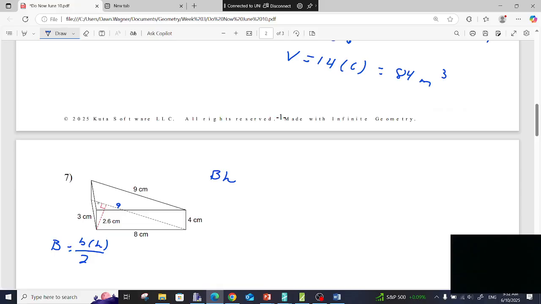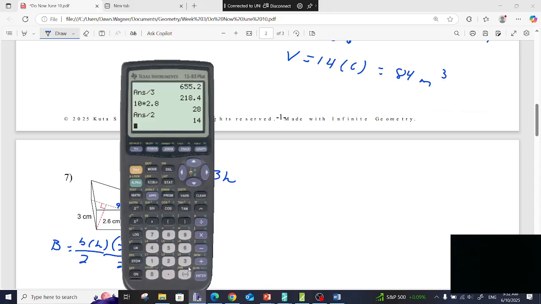So see how it's drawn to this dotted line here? And that is also a 9. So it's going to be 2.6 times 9 divided by 2.